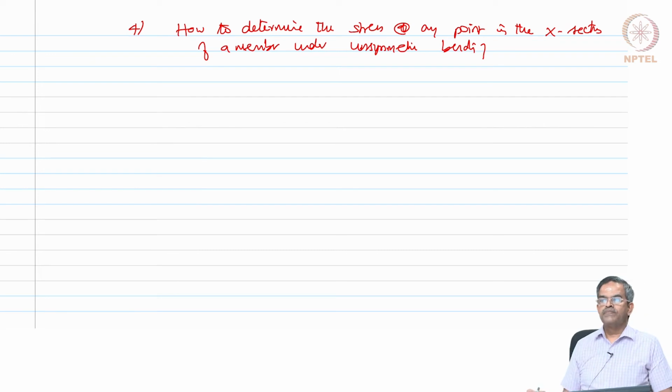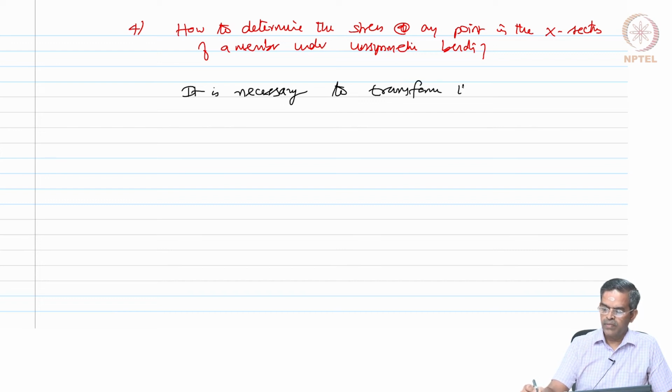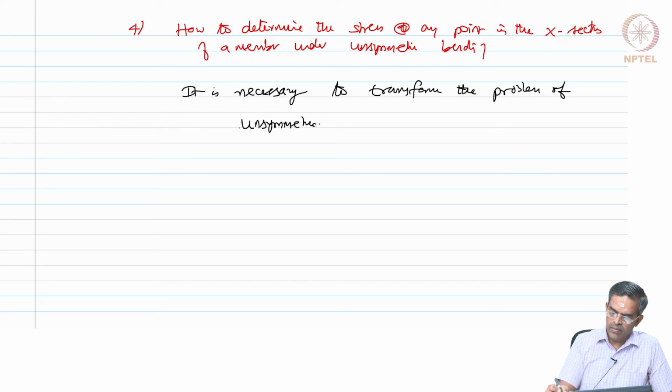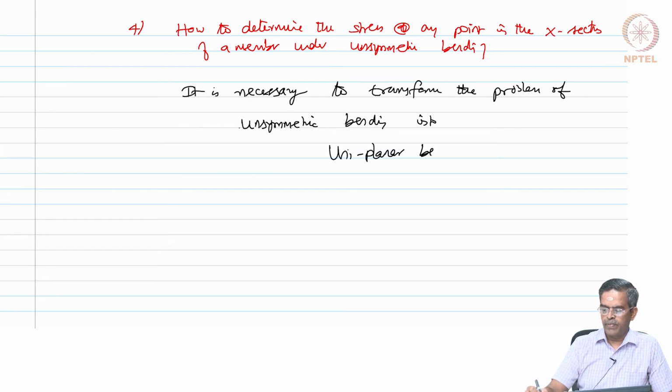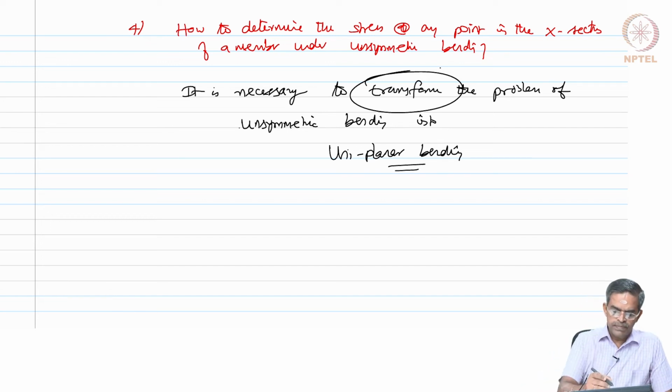To do that, it is necessary to transform the problem of unsymmetric bending into uniplanar bending. So, we need to do a transformation of the problem. Now, how will you transform the problem into an uniplanar bending?